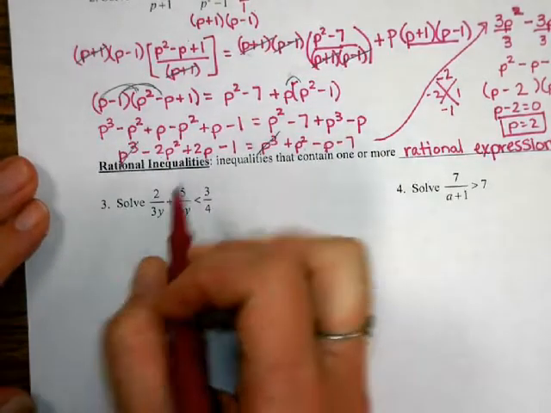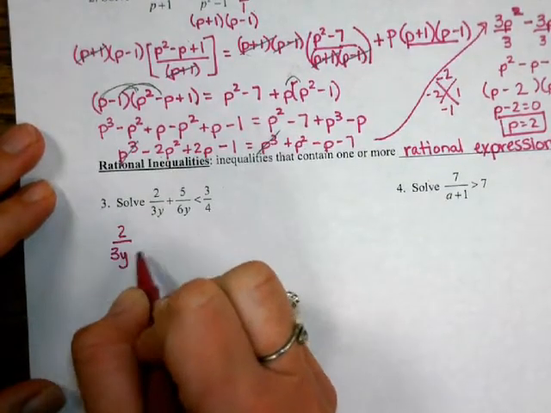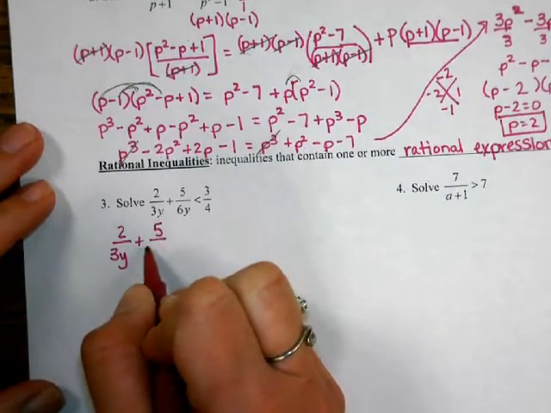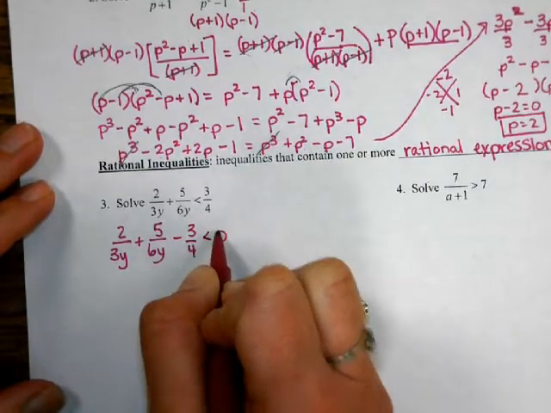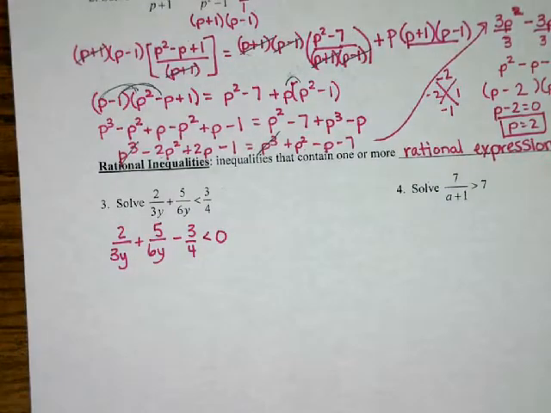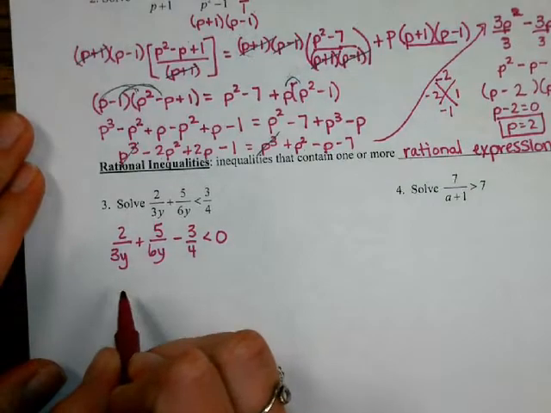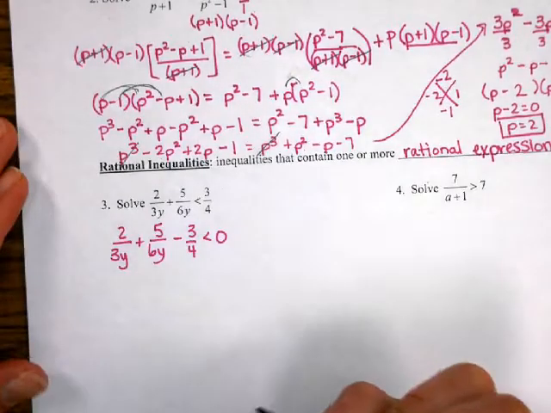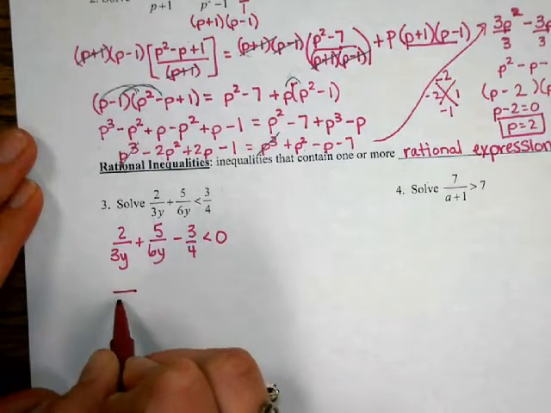So I've got 2 over 3y plus 5 over 6y minus 3/4 is less than 0. Alright, so we want to keep our denominators. So if I need to get a common denominator, I got 3y, 6y, and 4. So my common denominator is 12y.